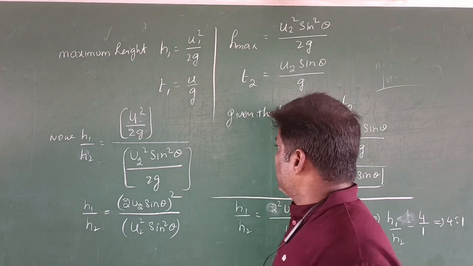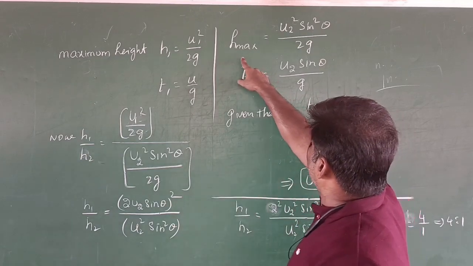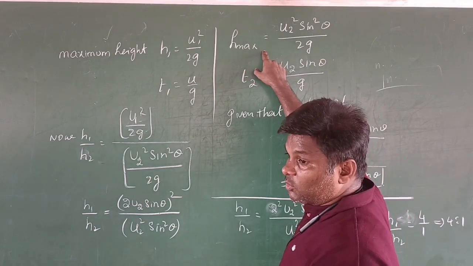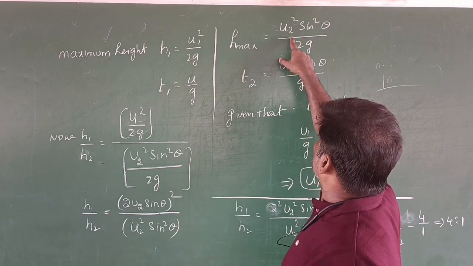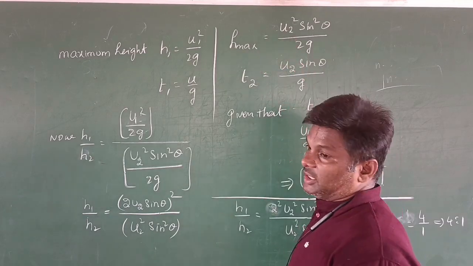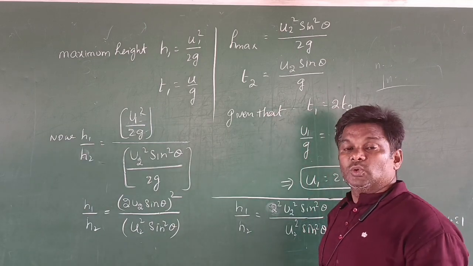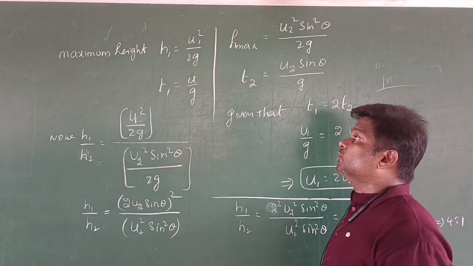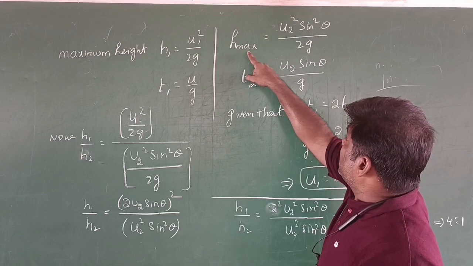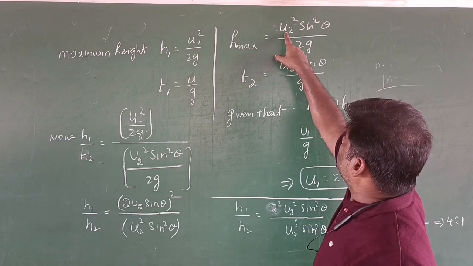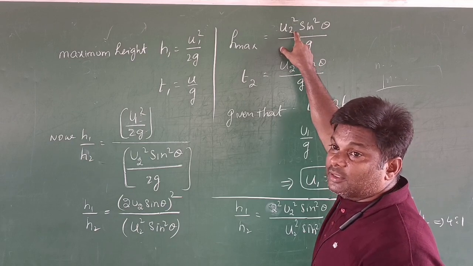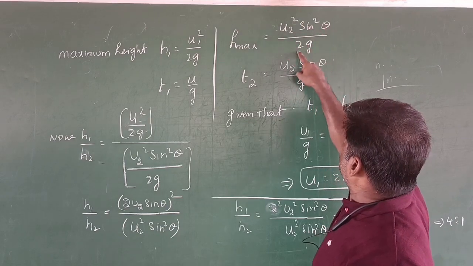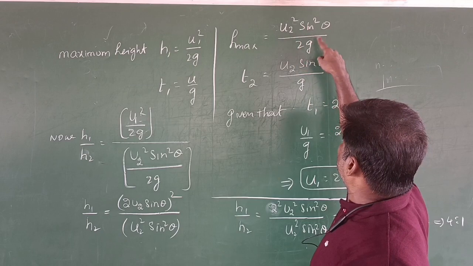Now, from the second statement, since it is an oblique projectile, h maximum is equal to u square sin square theta by 2g. For the second one, h max is equal to u2 square sin square theta by 2g. Why are we writing u2? Because it is the second body.